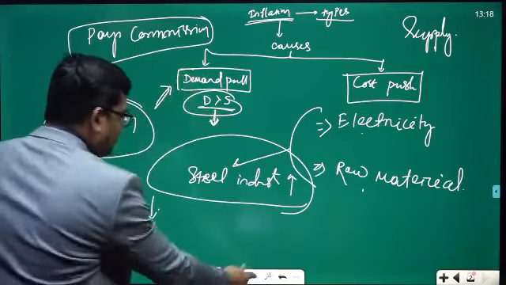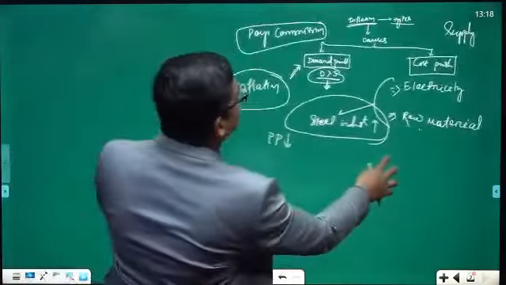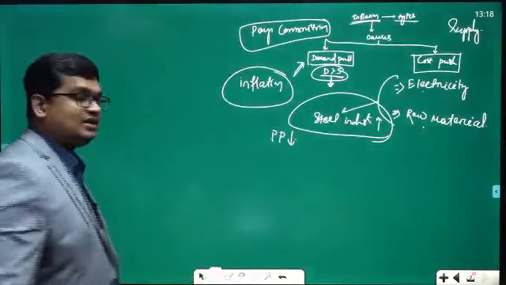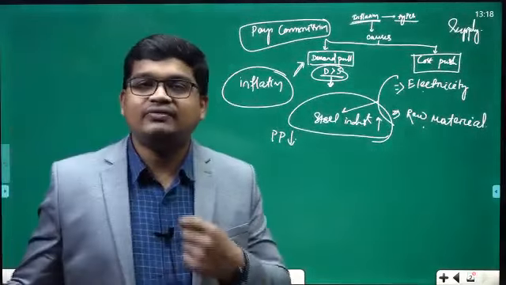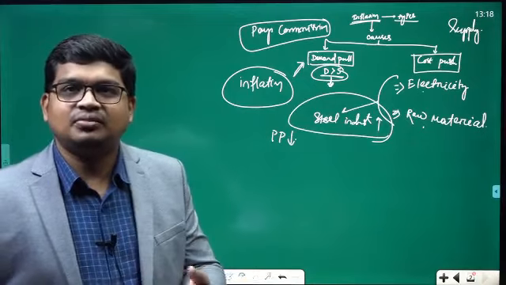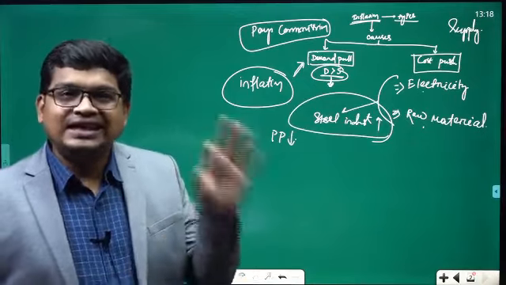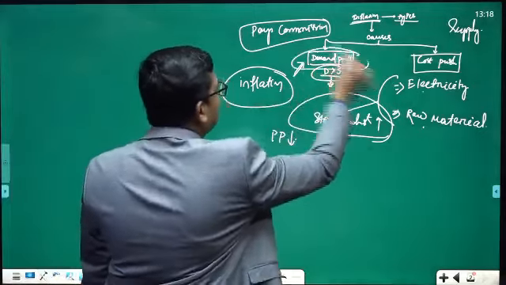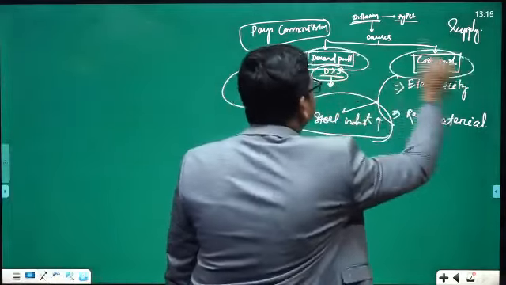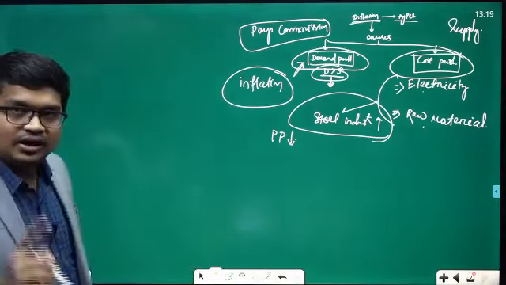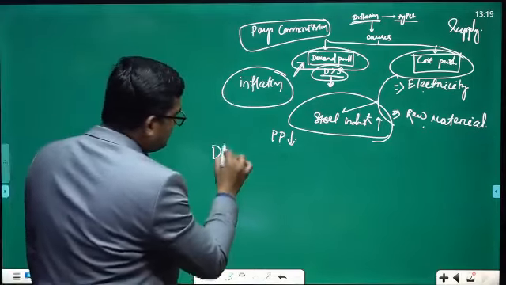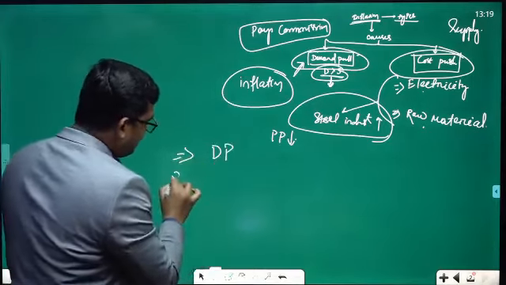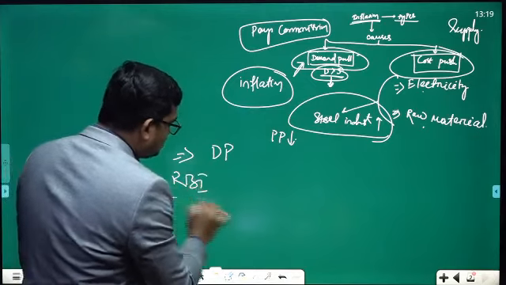So whenever you see that inflation is prevailing in the economy, you have to keenly observe whether this inflation is due to demand pull or cost push. If it is demand pull, then RBI may be able to control the inflation.